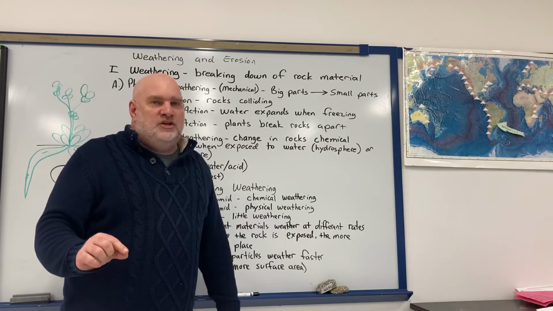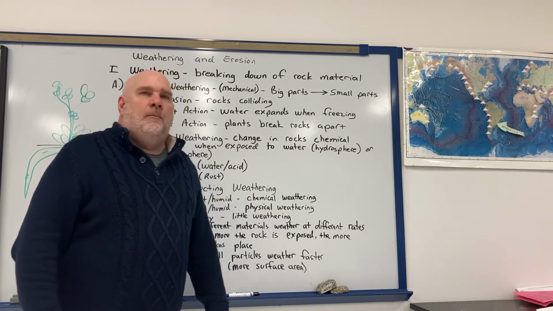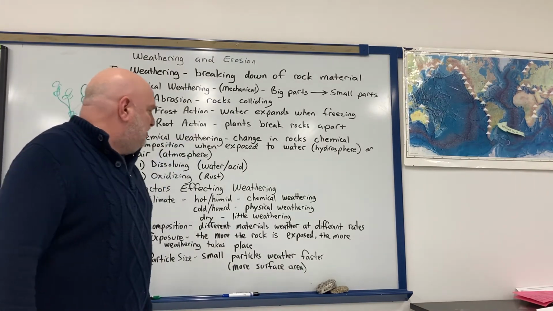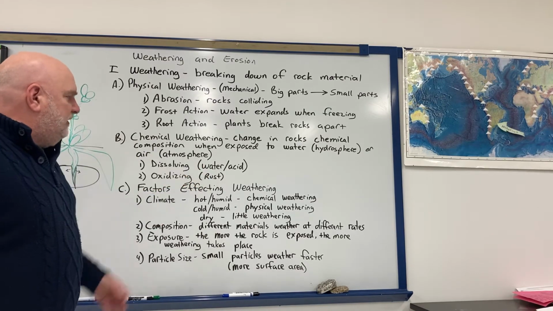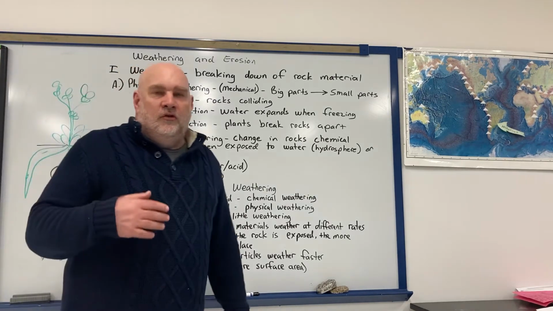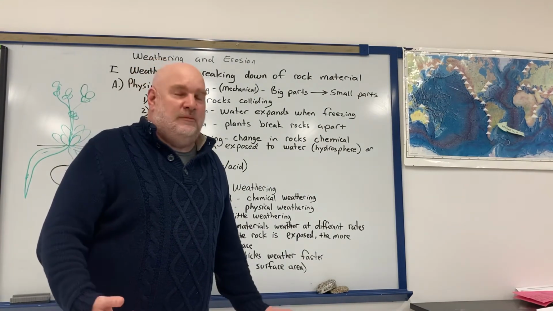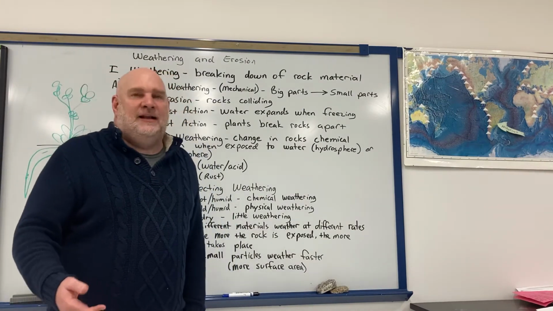You can get abrasion with wind, so in deserts you do get some abrasion with wind, but usually most abrasion is a result of moving water, so you're not going to get too much abrasion. You're not going to get dissolving really, because dissolving usually uses water. So since most types of weathering involve water, if you don't have the water, you're not going to have very much weathering. So that's why things last a really long time in dry climates.